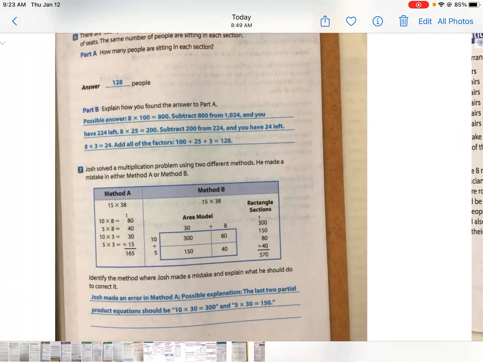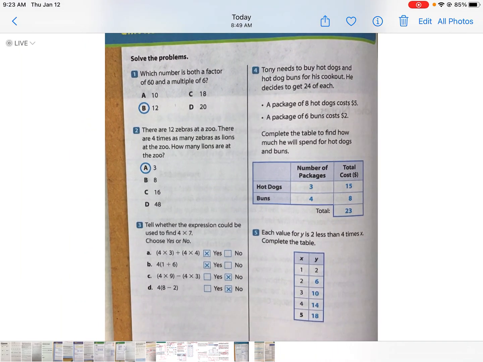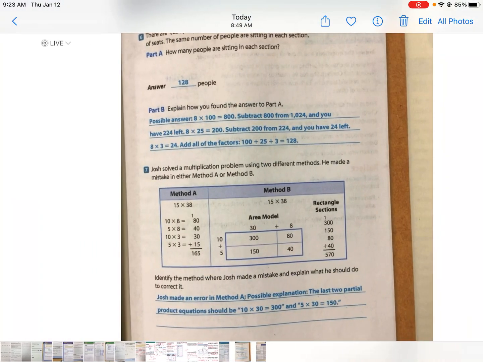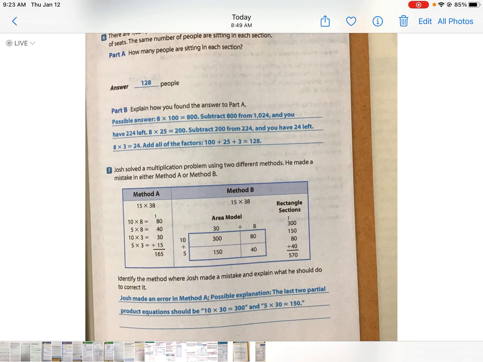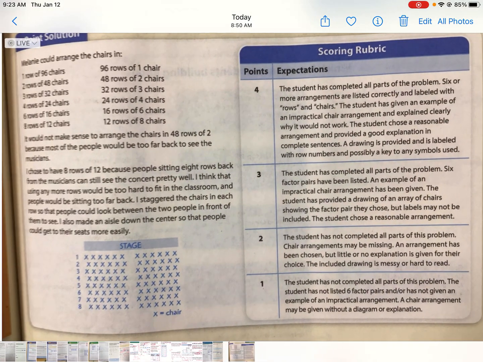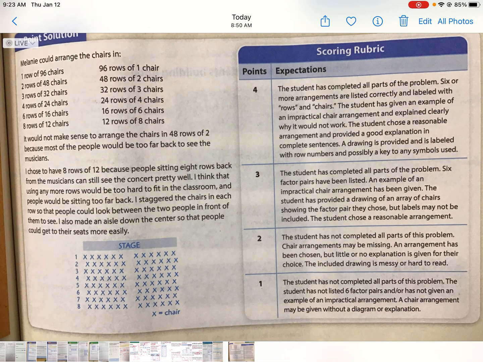There's the answer key. Take a screenshot of that. There's the answer key for the first page, the answer key for the second page. Make sure you got your work right. And then the answer key for the rubric. This is if you had the best possible answer, you would get 4 total points, okay?